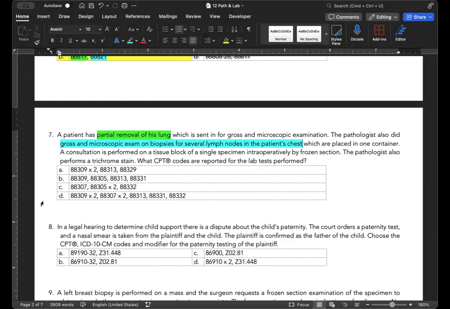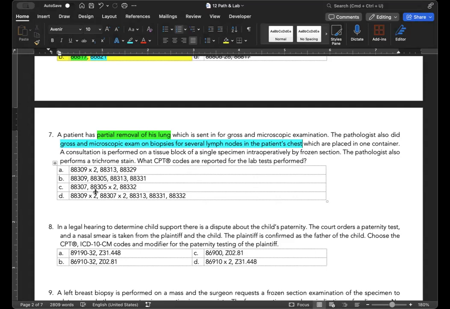And then there's a consultation that's performed. But whenever it comes to the gross and microscopic exam for the surgical pathology, we need to figure out, are both of these for the lung and the lymph nodes located under 88309, or is it in another section?